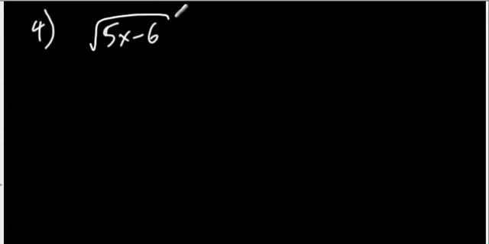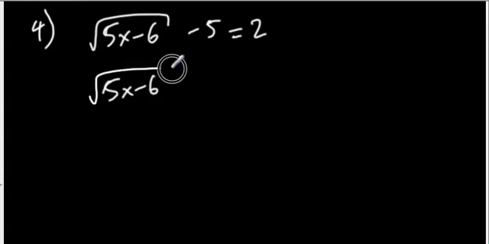Number 4, let's do this. So the square root of 5x minus 6, minus 5, is equal to 2. Same deal as before. Now this will be equal to plus 5, so it's equal to 7. Square both sides.